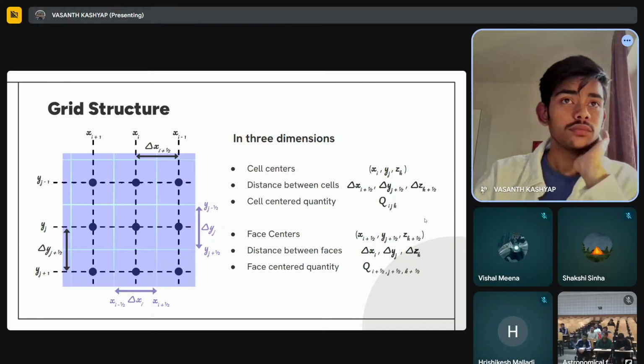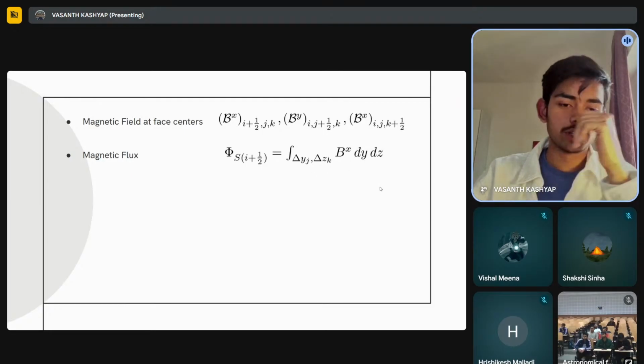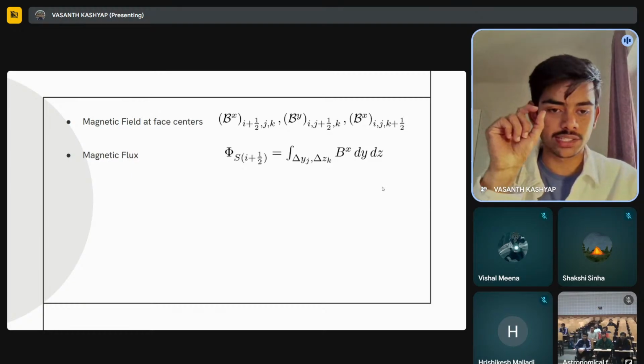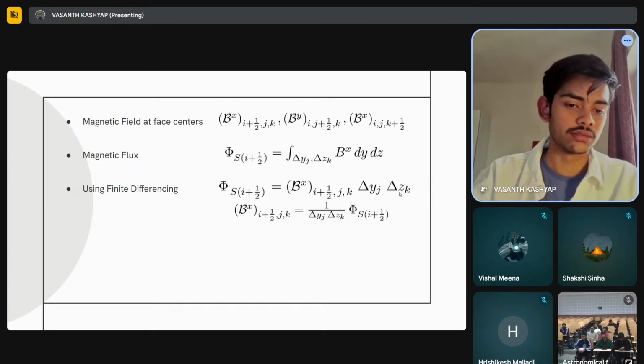So you have your magnetic fields in XYZ for a cell, and you do the integration. Because the size of the box is fixed by your resolution, you have a numerical integration, which is, instead of dy dz, which are infinitely small, you have finite sizes of dy dz.